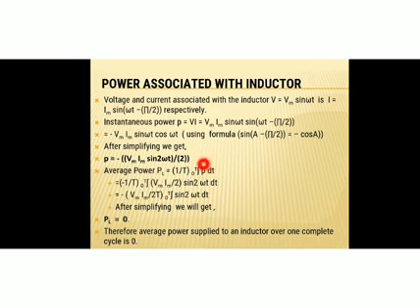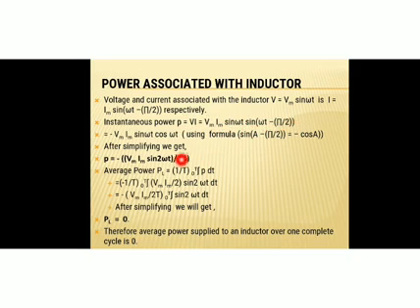This p is the instantaneous power. And what is the expression for instantaneous power? Instantaneous power P equal to VI, that is Vm sin omega t into Im sin(omega t minus pi by 2). So that is written here as Vm Im sin omega t sin(omega t minus pi by 2).